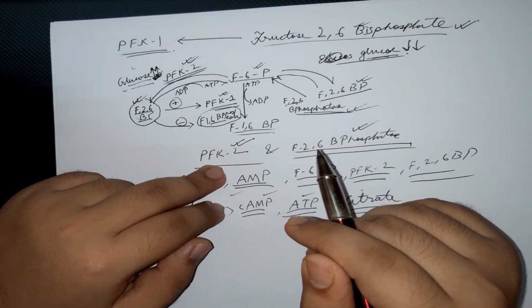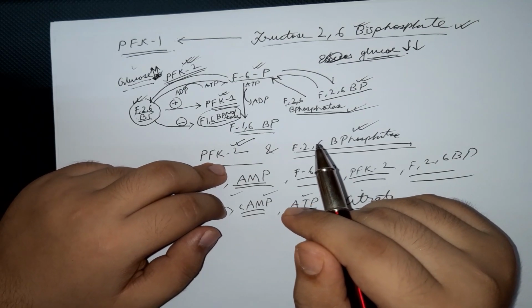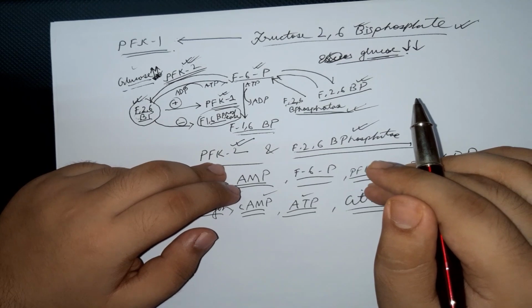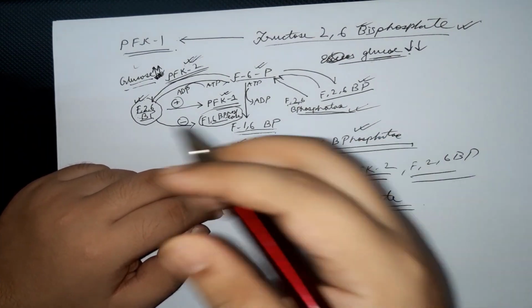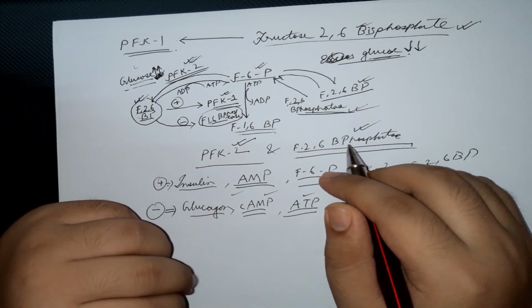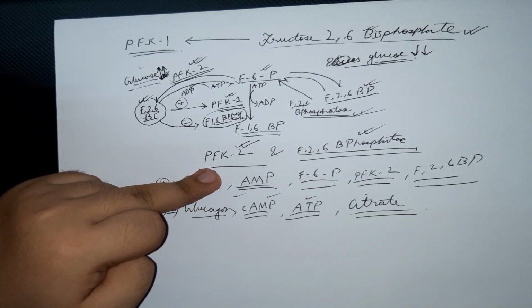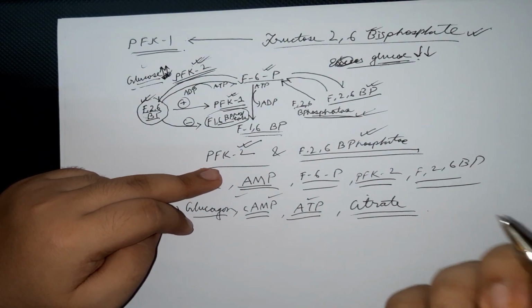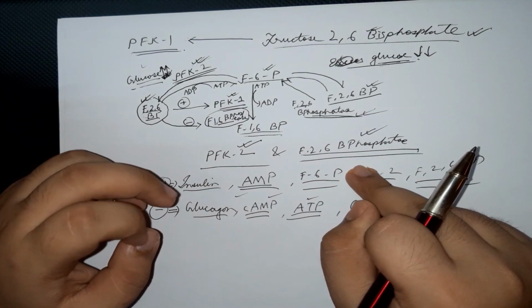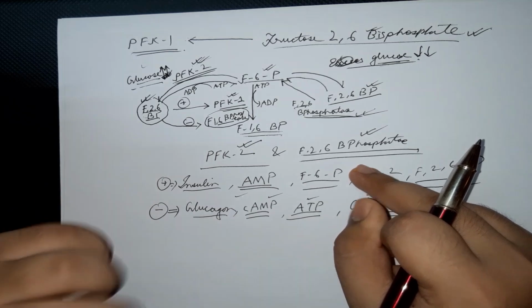PFK2 is activated by dephosphorylation, by the way, which we will study later when we talk about intracellular receptors and hormones and signaling. But PFK2 is activated when glucose is high, as I've already mentioned, and fructose 2,6-bisphosphatase is activated when glucose is very low.